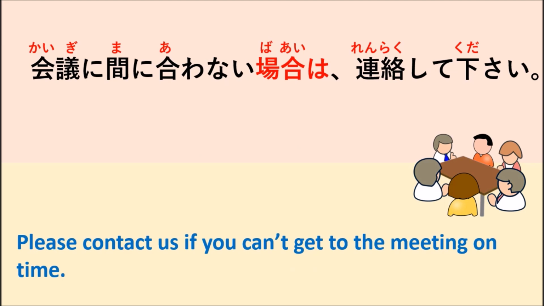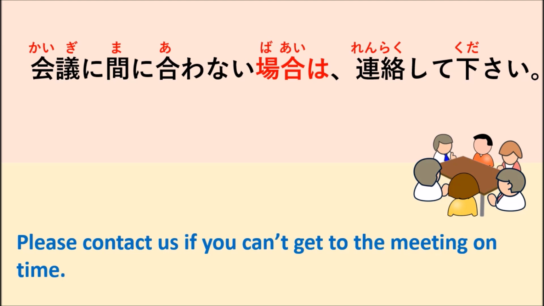Here, before Baai is awanai, right? So it's the word maniawanai. Maniau means the verb in the dictionary form, but maniawanai means the word in the plain form. So when you use the plain form with Baai, you don't need to change anything because it ends in e. So in a case like this, you can use Baaiwa.